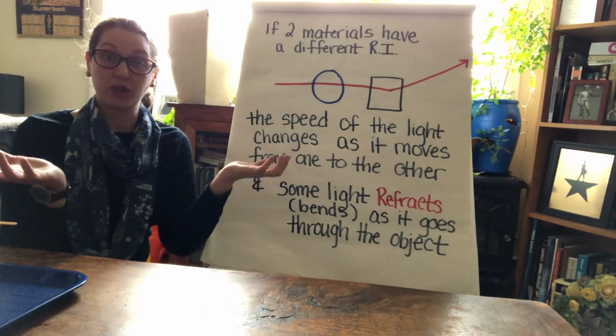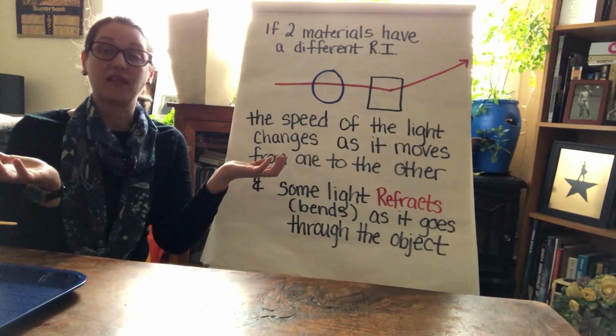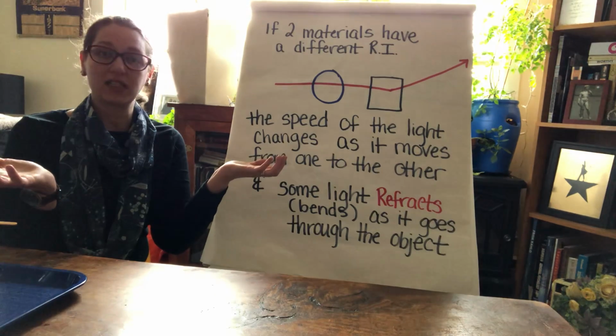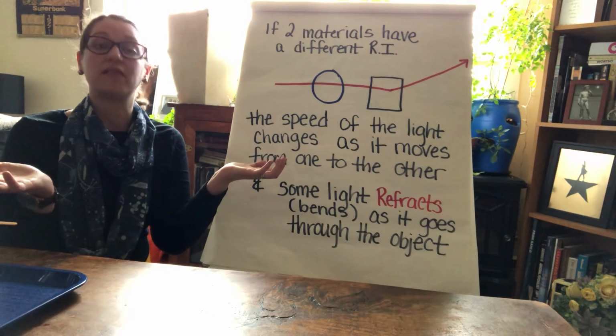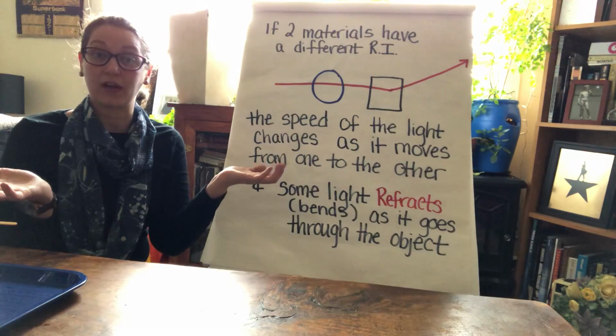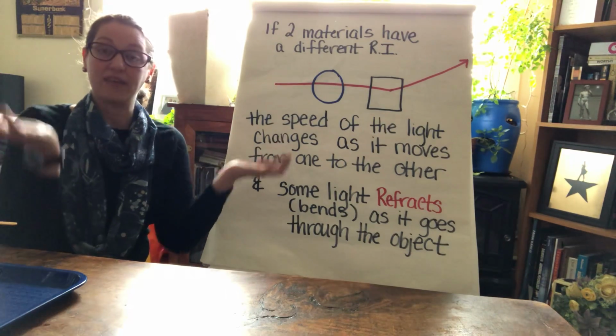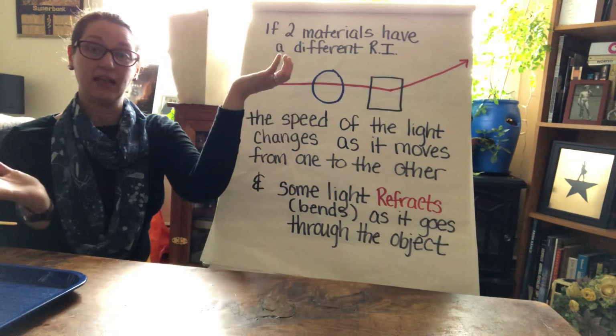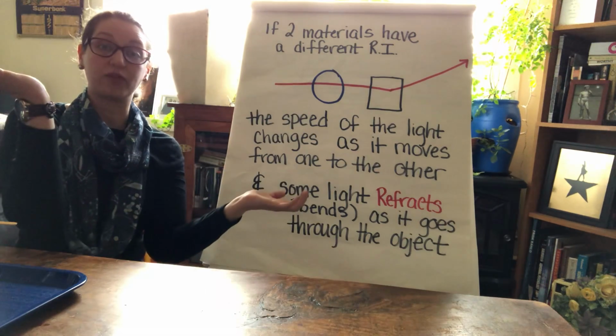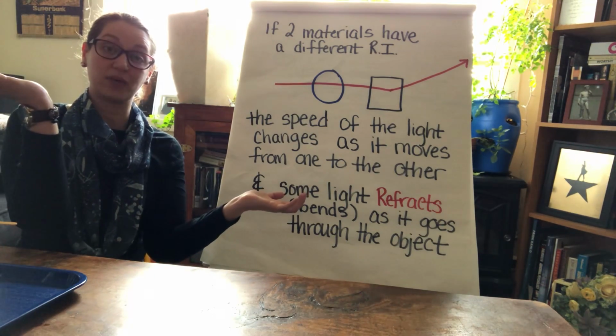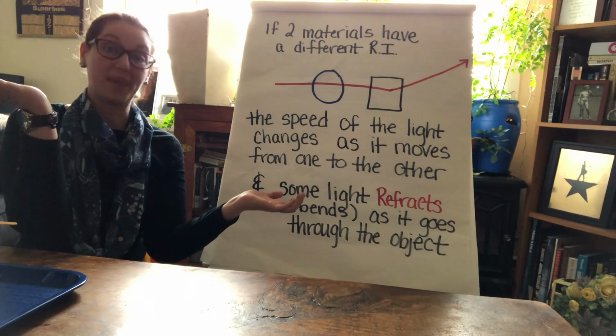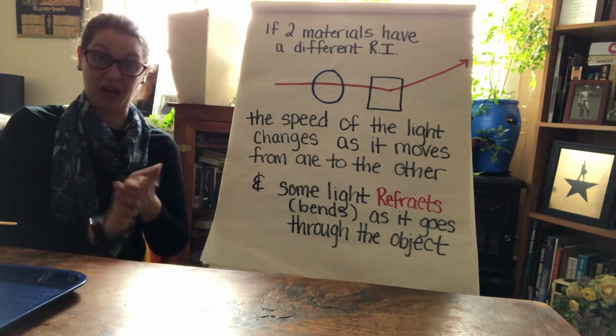If materials have really similar refractive indexes, the light doesn't change speed when it's moving through those two materials, and there's very little refraction and very little reflection. But if there's an imbalance, if one material has a really different refractive index from the material next to it, then the light is going to bend and it's going to change speeds, okay?